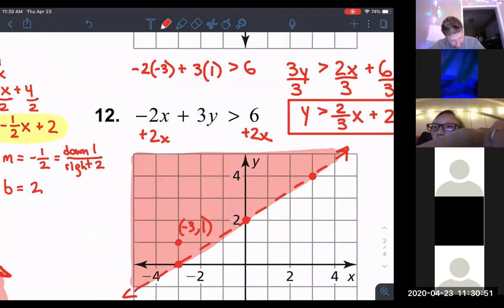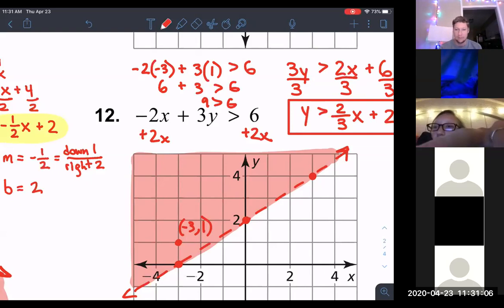So we get 6 plus 3 is greater than 6, and of course that is true. 9 is greater than 6. So that's what that means.